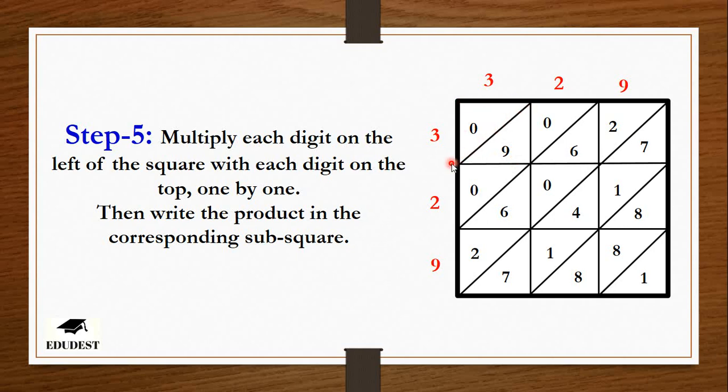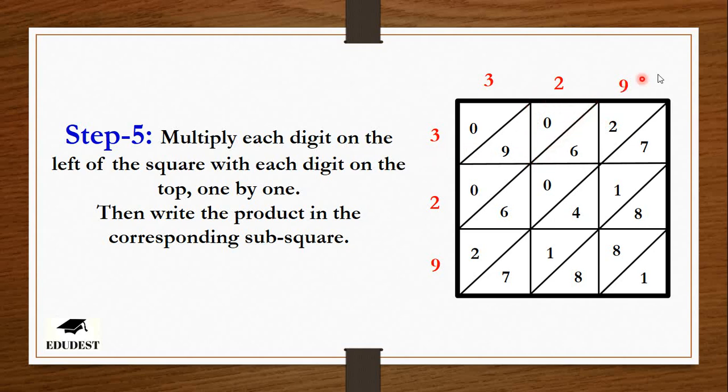Similarly, 3 2s are 6. As it is a single digit number and 6 stands for the units digit, we need to write it below the diagonal. In the same case, there is no tens digit, so we need to write down 0 above the diagonal.